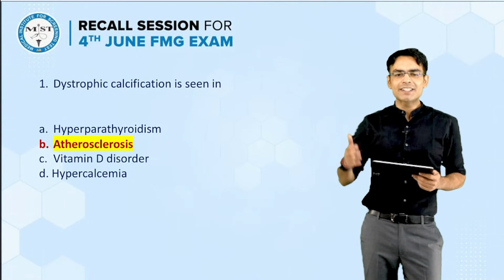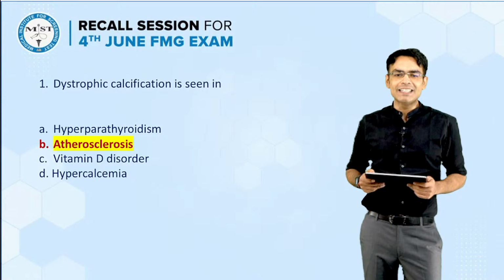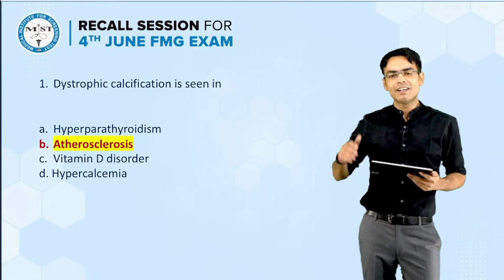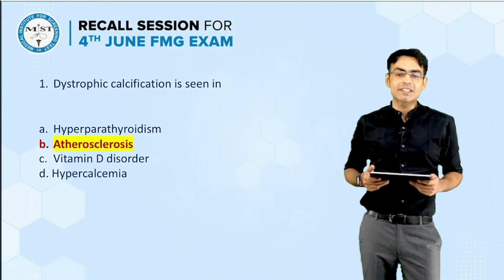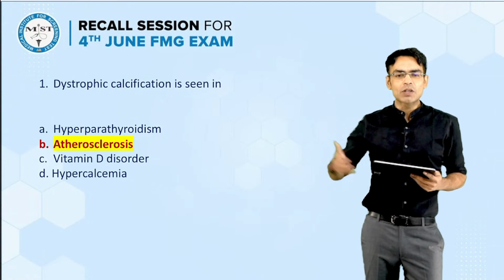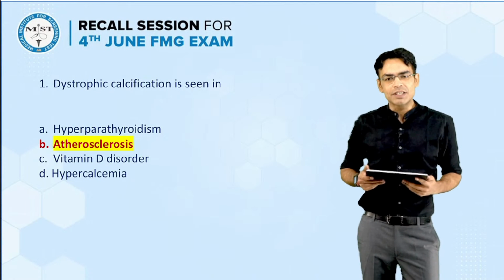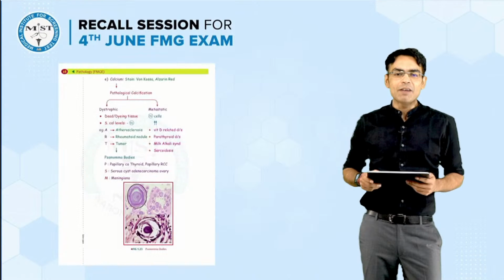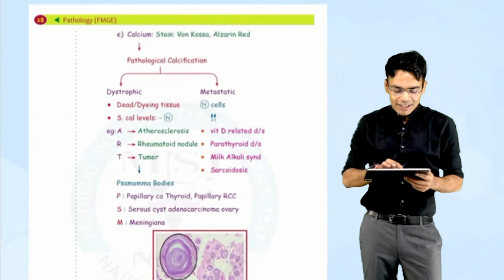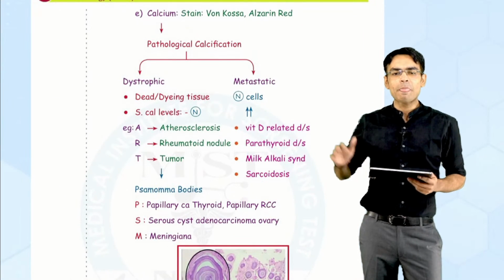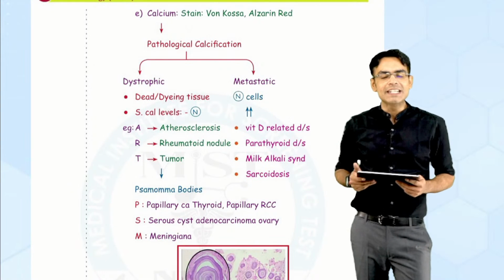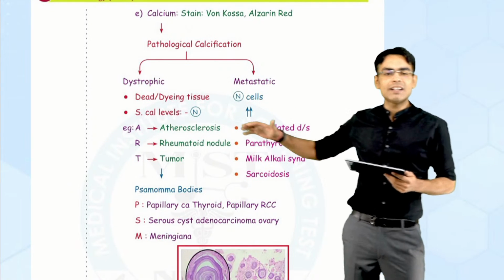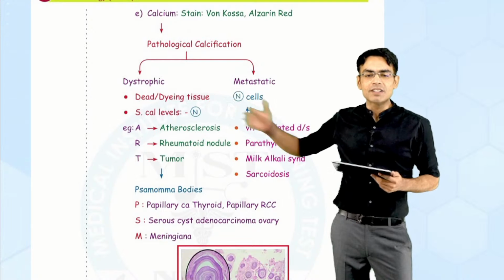Now, we do understand that when we studied about pathological calcification in the classes, there are 2 types, dystrophic and metastatic. And we have done this very clearly in our classes that dystrophic calcification would be seen in dead and dying tissues, and the serum calcium levels in these patients are generally normal.